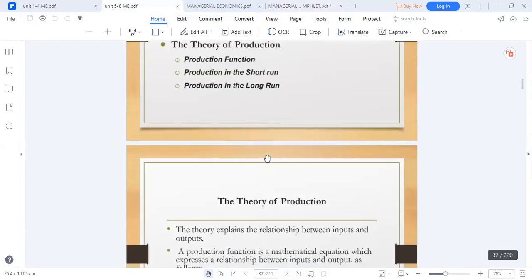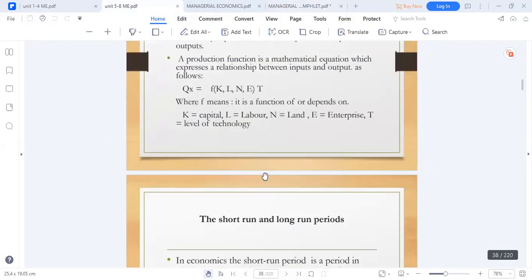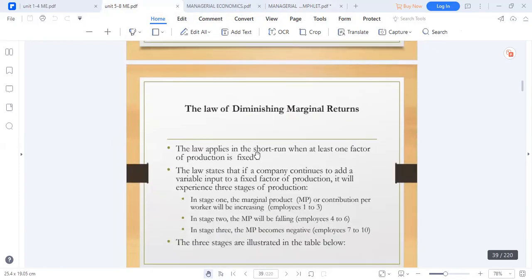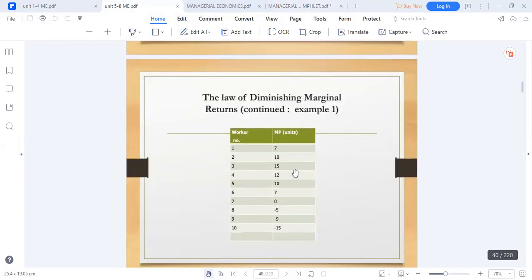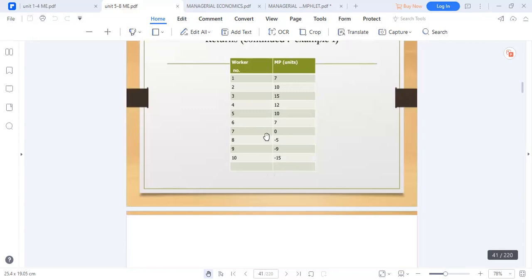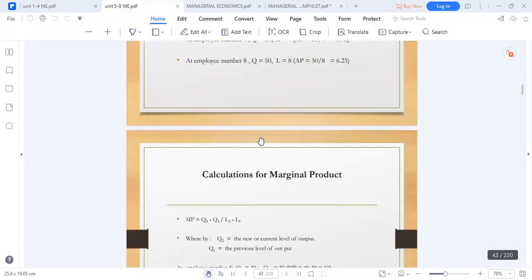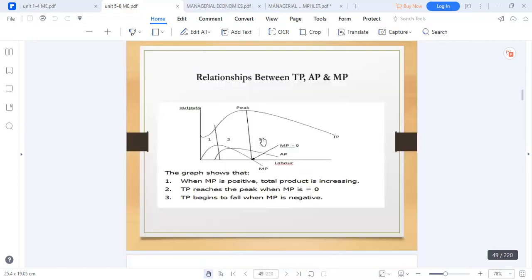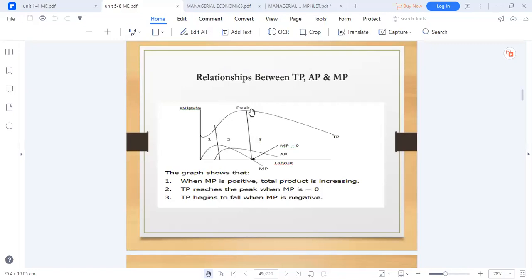So the theory of production, I've discussed the aspects of the input, the law of diminishing returns. I've explained how to come up with the table. Now, the law of diminishing returns simply asserts that as you're increasing production, the graph will rise up to some point if you overemploy. So there's a peak where you're going to stop employing. So we have the relationship that exists.